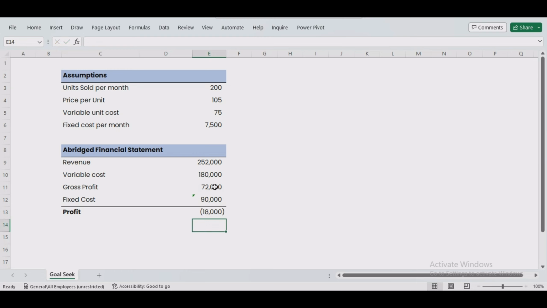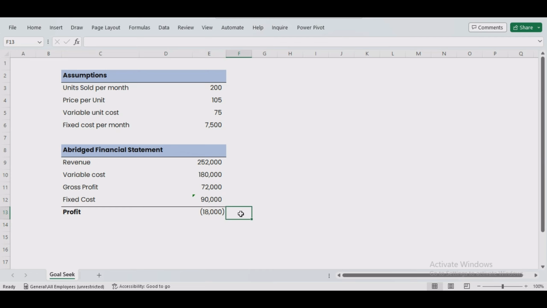Remember, this gross profit is the difference between the total revenue and the variable cost, or the cost of production. Another way to find the profit, I would have just said 252,000 kwacha minus the cost of producing, which is the variable cost, 180, then minus the fixed cost. At the end of the day, I'm making a loss.